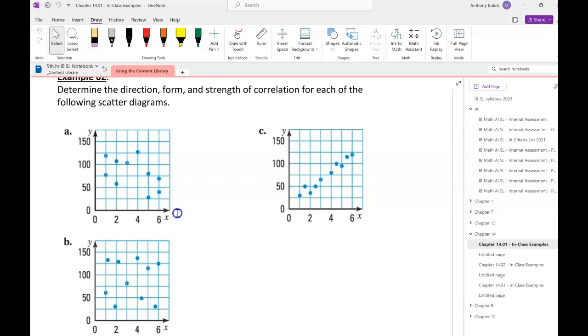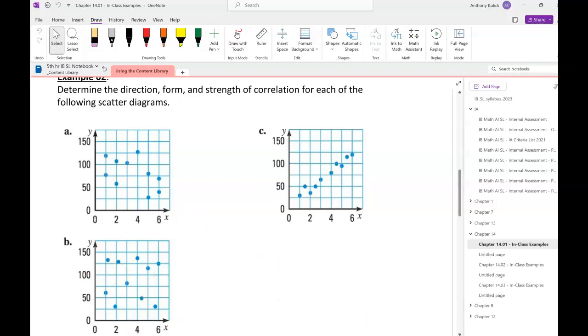And the strength, moderately weak. I'd say moderate to weak. I would say moderately strong to bordering on weak is fair. Everybody agree? There's kind of a line shape to that, but that's a pretty wide spread of points to be considering it linear. So that's good.